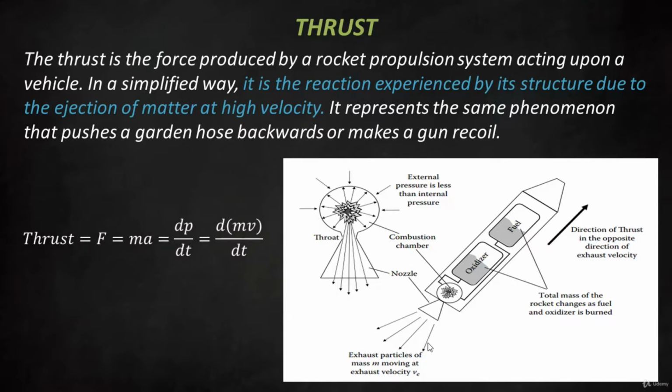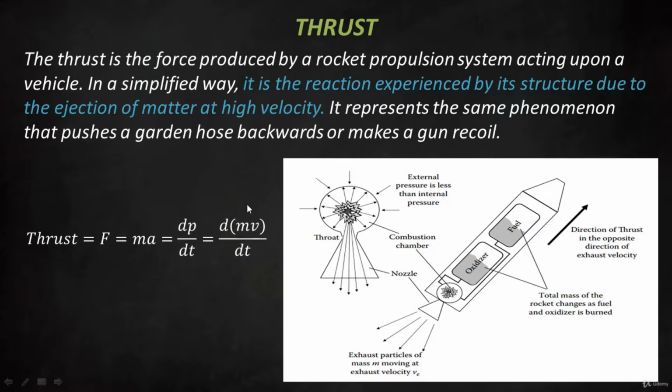So if thrust is a force, and we know that force, according to Newton's second law of motion, is equal to ma, the mass times the acceleration, or in other words, the change in momentum over time, the time derivative of the momentum. And we know that momentum is the product of the mass times the velocity, so we're talking about the time derivative of the product mv.